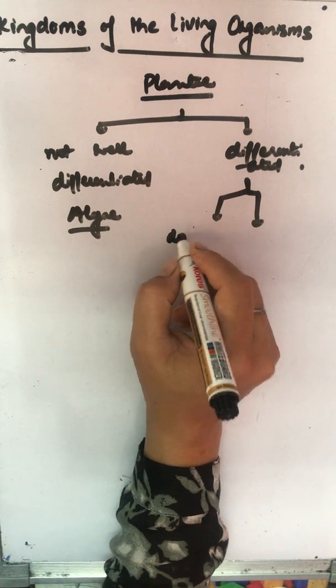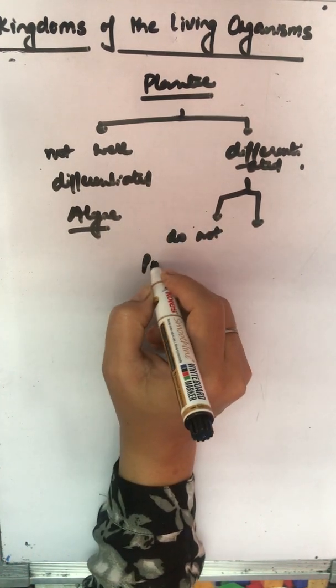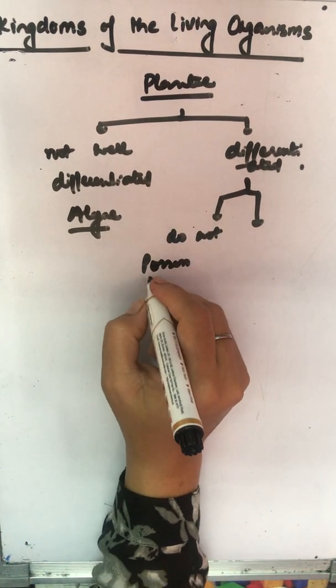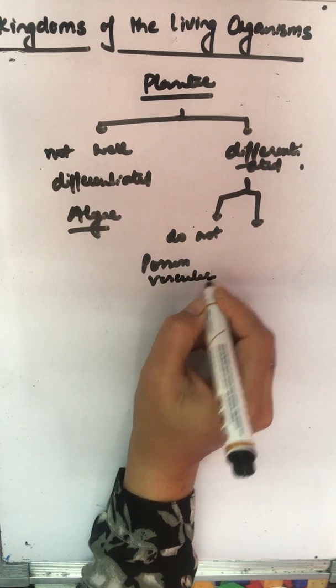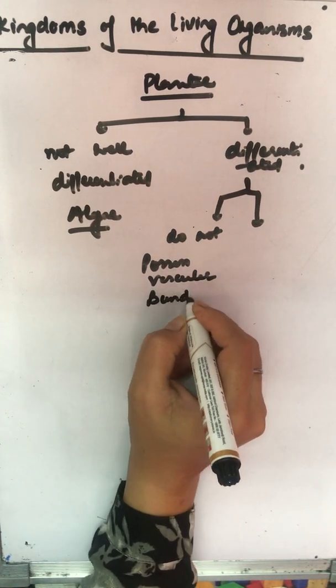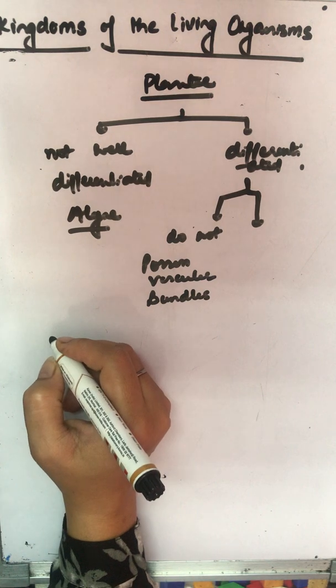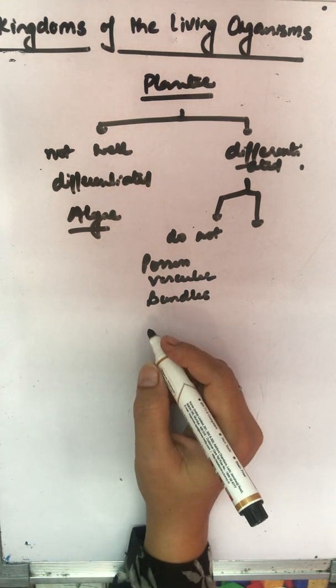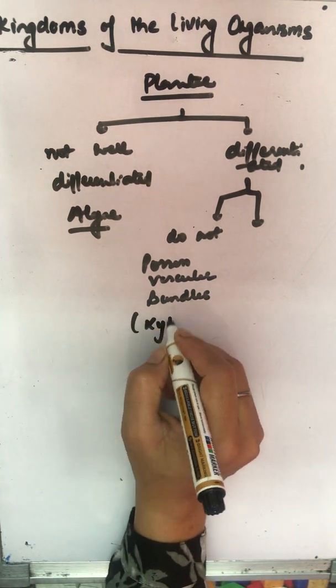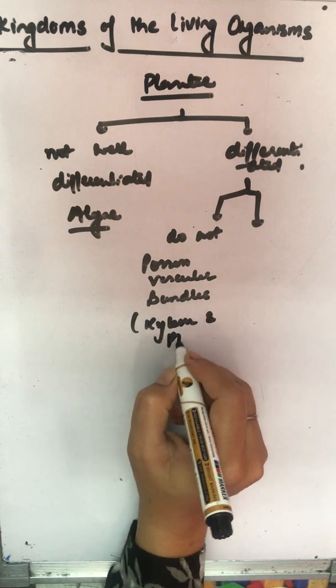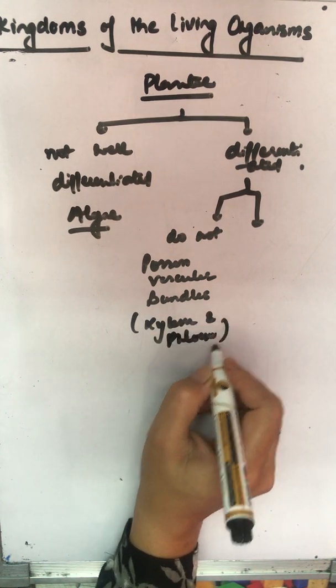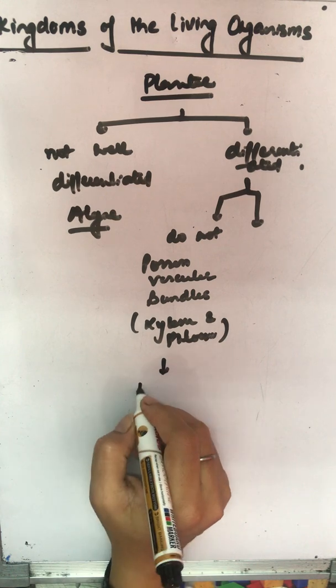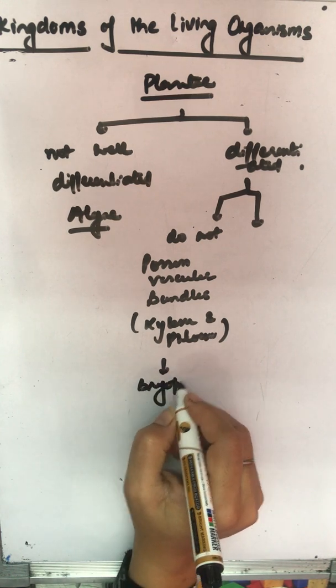When they do not possess vascular bundles, or vascular tissue, meaning xylem and phloem, the conducting channels, they fall into the category which we call bryophytes.